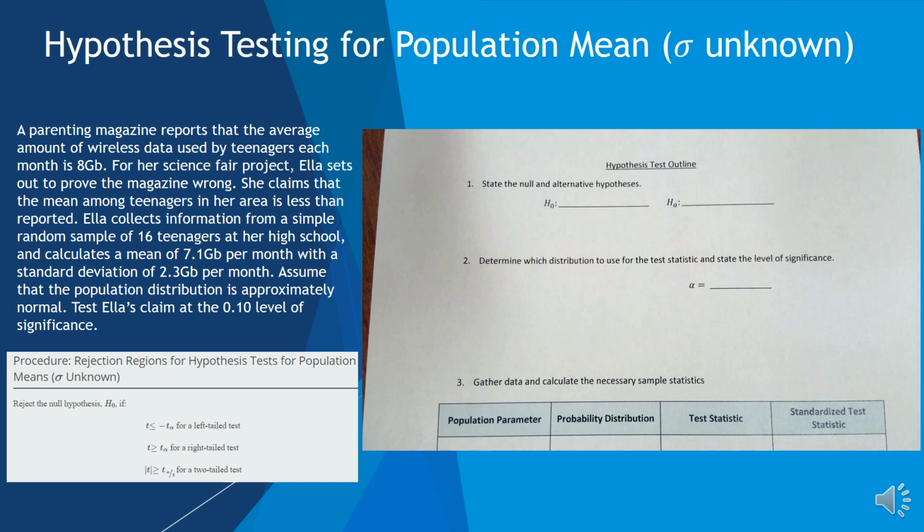Alright, so our sample size was 16, so that tells us we are going to be looking at this row right here with 15 degrees of freedom. This is a left-tailed test. So, let's see, area in one tail. This was a 0.10 level of significance.